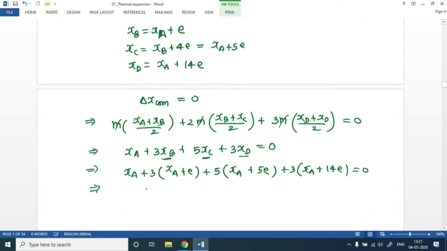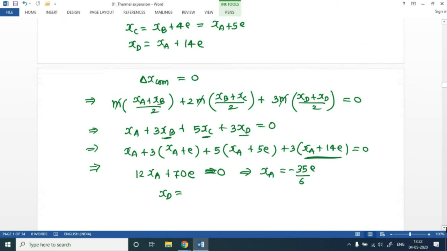Finally that would be 12XA plus 70E equal to 0, and that will simply give XA equal to minus 35E by 6. So basically point A will be shifting effectively leftward, and XD is equal to XA plus 14E, so that gives 49E by 6.